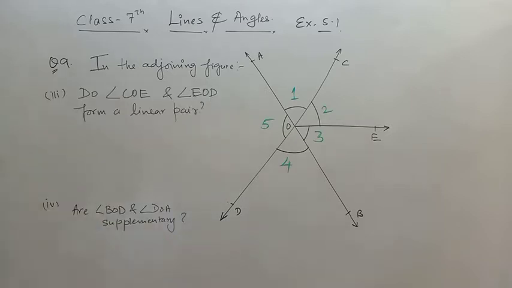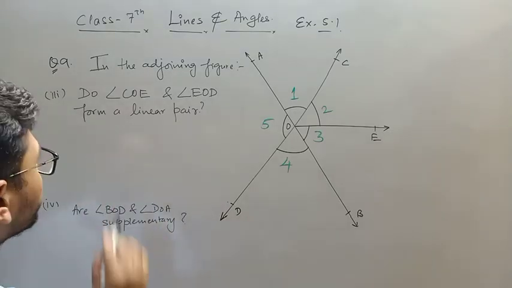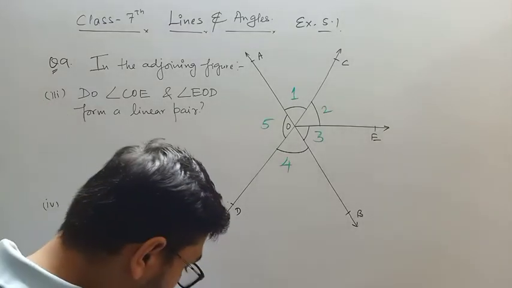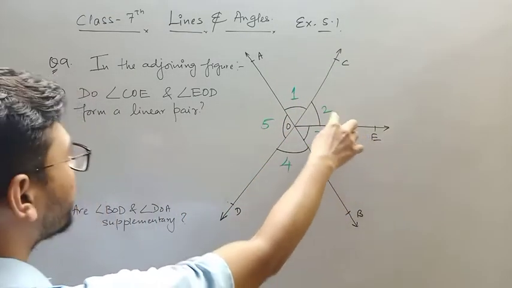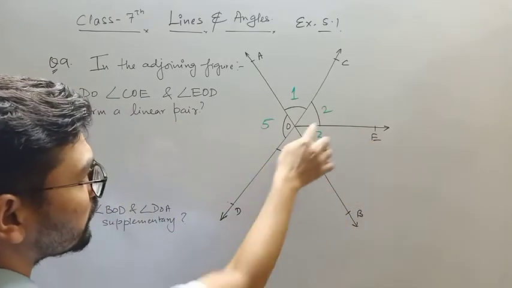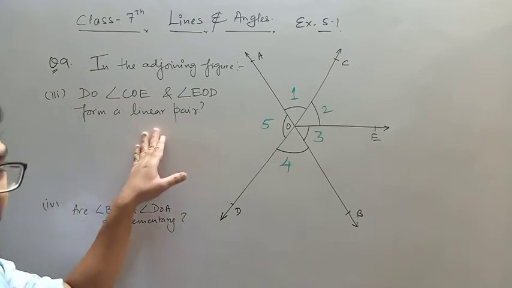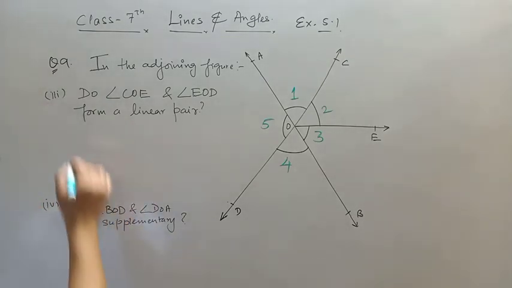Now the next question is the third part of the same question. Do angle COE and EOD form a linear pair? Now COE is angle 2, and EOD, that means this complete angle, forms a linear pair. Yes, these are forming a linear pair.